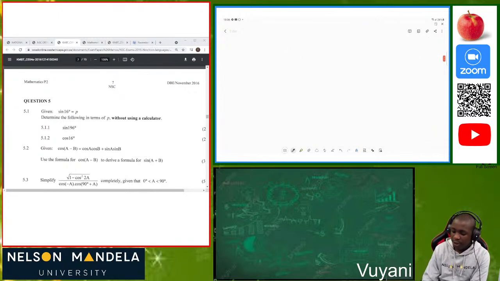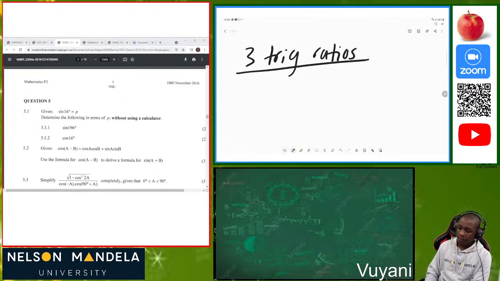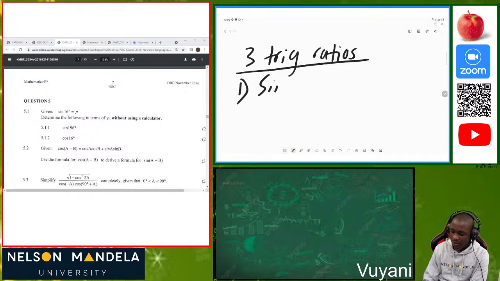In grade 10, we were taught about the three trig ratios. The first one is the sine ratio, sine of theta, where theta is the angle.